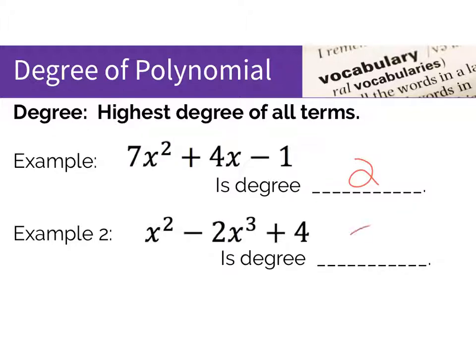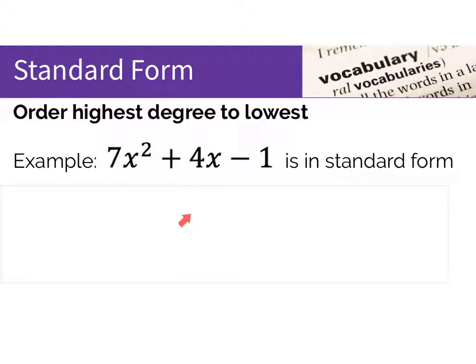Of course, it's a degree 3. Degree 3 polynomial, we would call it. Now you may have noticed on the previous screen that some of the exponents were not in order. Like this one is nice and in order. We've got a second degree, first degree, 0. So the exponents are like counting down here. 2, 1, 0.